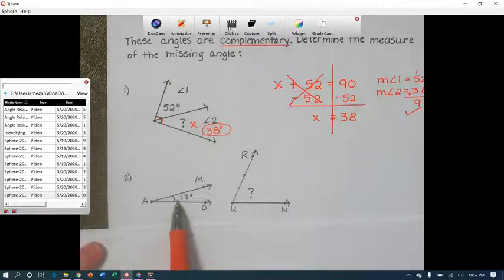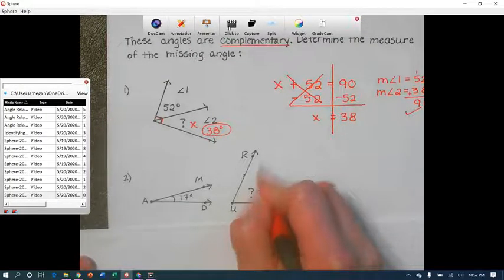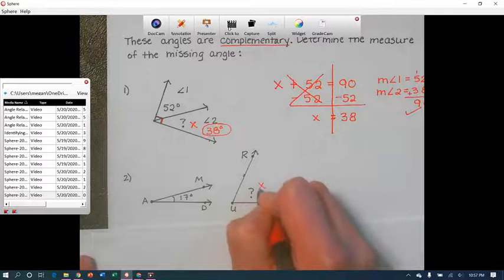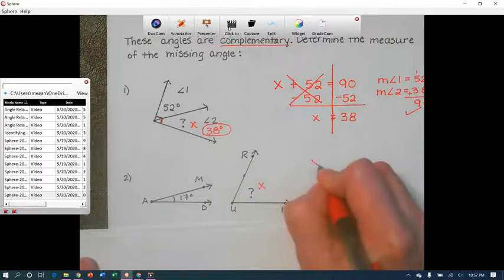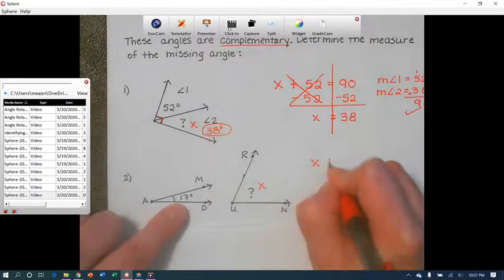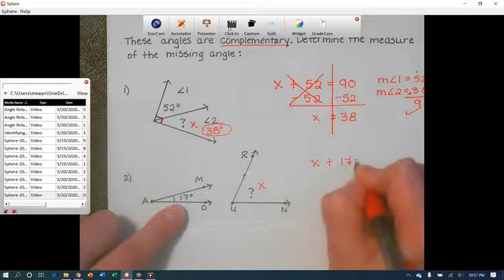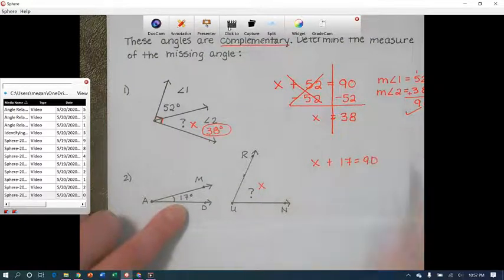Well, we don't know the measure of angle RUN, but we do know that these are complementary. So I'm going to label my unknown angle with x, and if I take that value and add the 17 degrees, it's going to have a sum of 90.